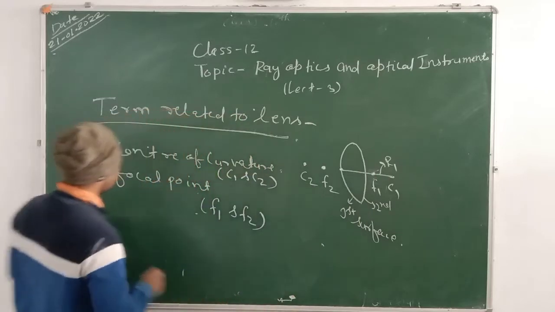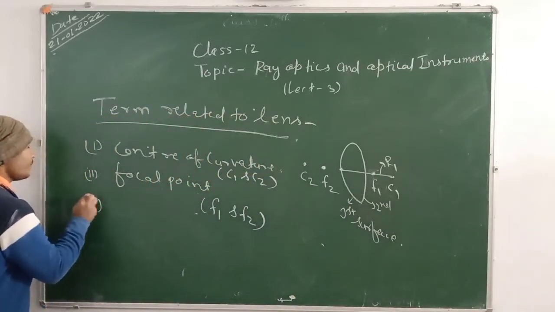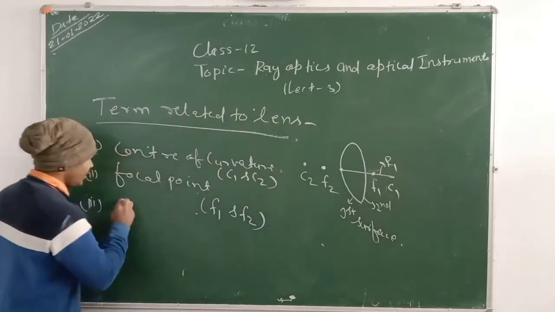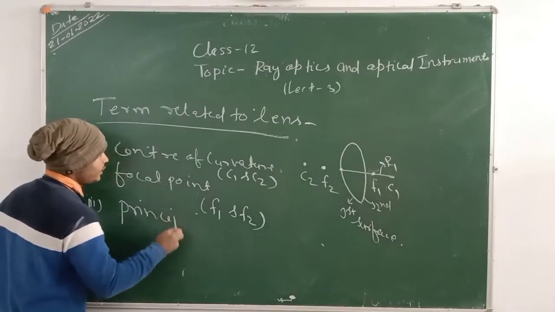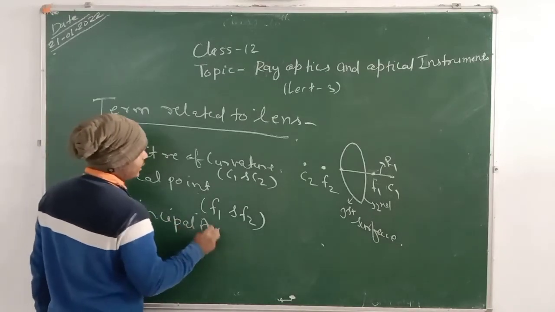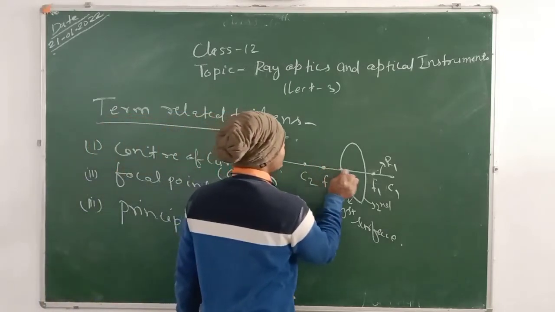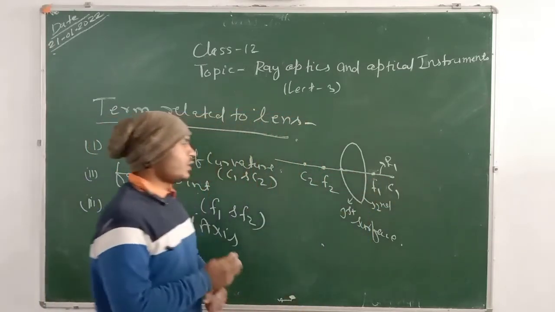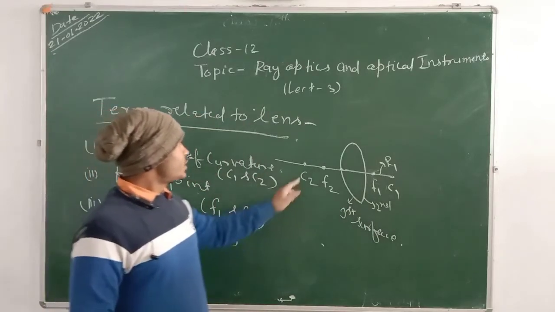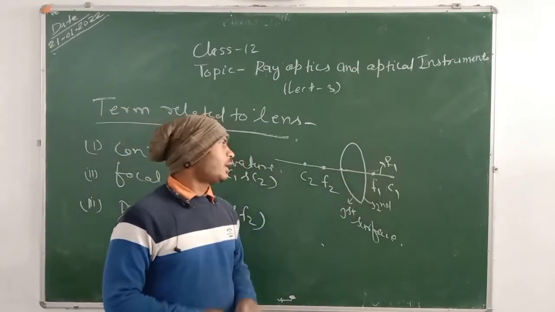And there is a principal axis. So I am writing here principal axis. The principal axis is a line which passes through the centers of curvature and focal points C1, C2, F1 and F2. Is it clear?